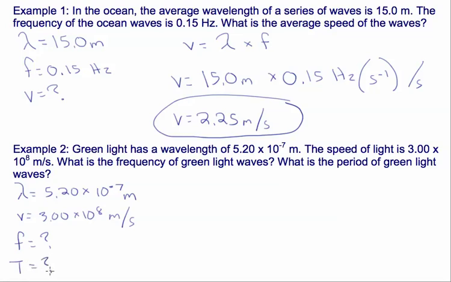So we have our wave speed equation up here. We can rearrange that to solve for frequency if you need it. Velocity is equal to wavelength times frequency. So if we're solving for frequency, we have velocity divided by wavelength.